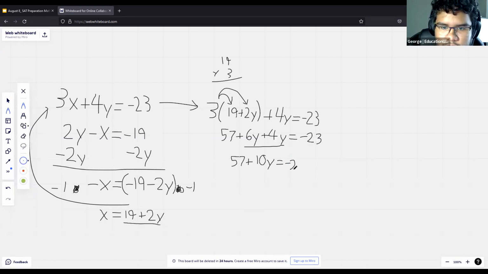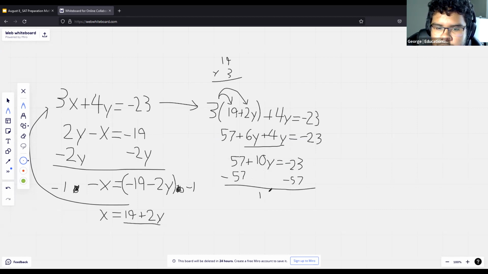Negative 23. And now what we must do is isolate the 10y term so that we can eventually divide. So what we do here is just subtract 57 on both sides.